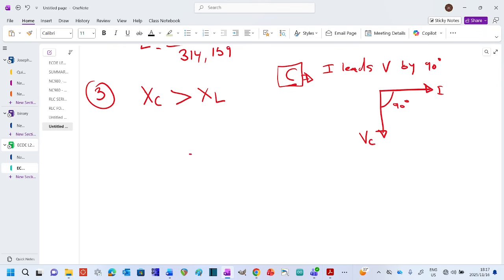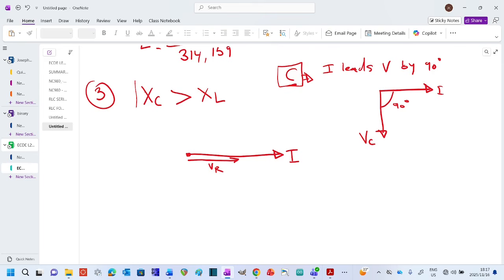It's the current. So we draw a horizontal vector pointing to the right. That is our current vector. For a resistor, the resistor voltage is always in phase with the current. So that is our VR. And now what happens?